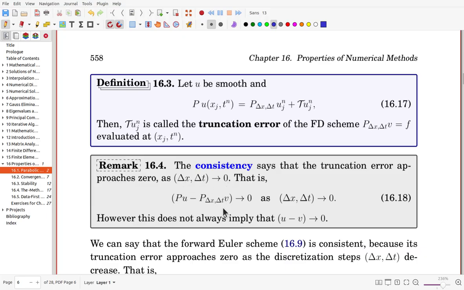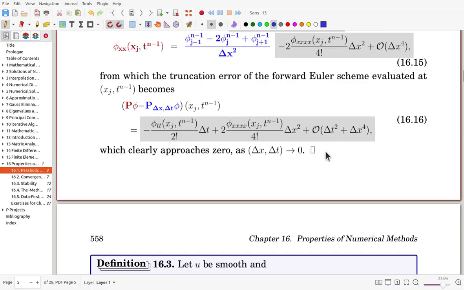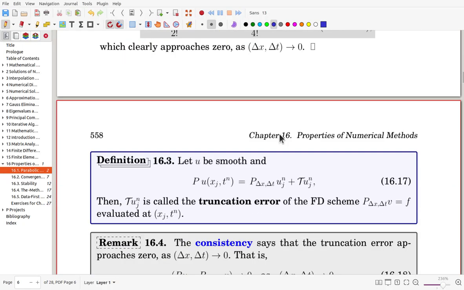So consistency is related with the truncation error. For the Euler method, we can see easily from this analysis that it is order of delta t and order of delta x squared.